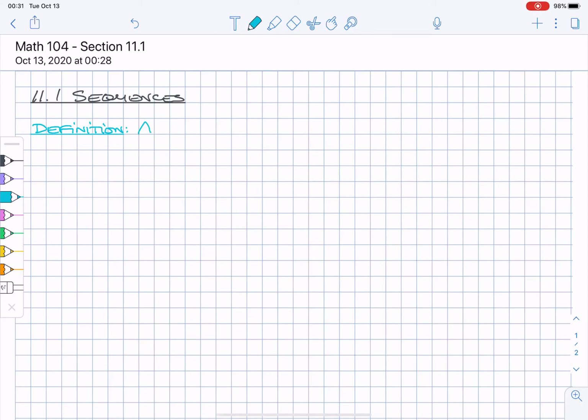So a sequence, that's what we're defining. A sequence is a function whose domain, meaning the set of all possible inputs, is the positive integers.